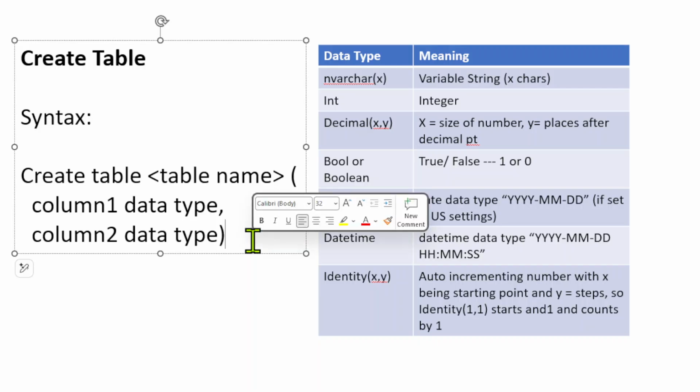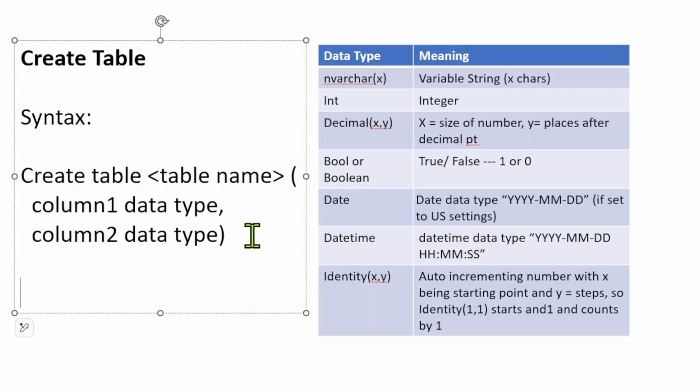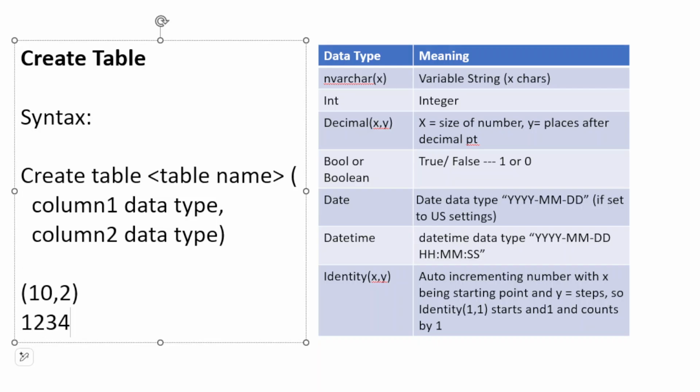Let's say for the decimal I picked 10, 2. All right, so I could have 1, 2, 3, 4, 5, 6, 7, 8, 9, or it could be this. It can be 10 numbers altogether, and you can have up to 2 numbers behind the decimal point. That's how you read that.